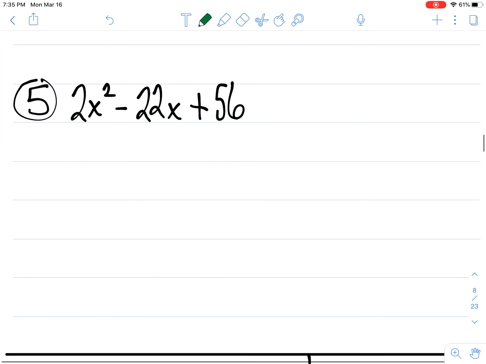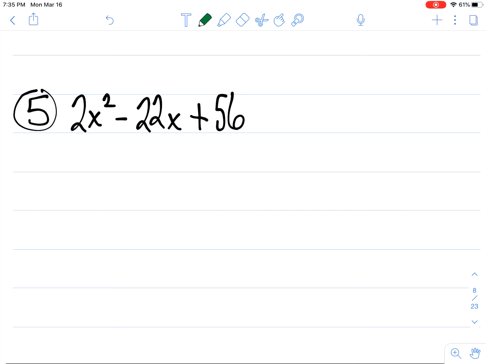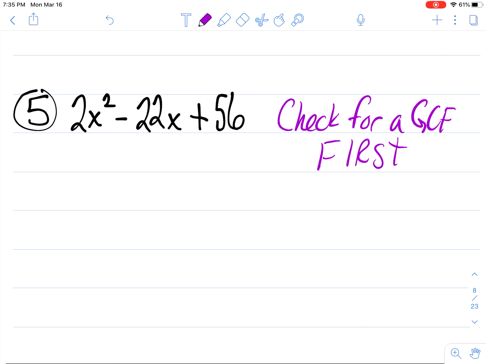And I'm going to skip here for example 5, because one of the things we always need to get in the habit of doing first is making sure we check for a GCF first. Okay? So check your terms and see if there's a GCF between all the terms.